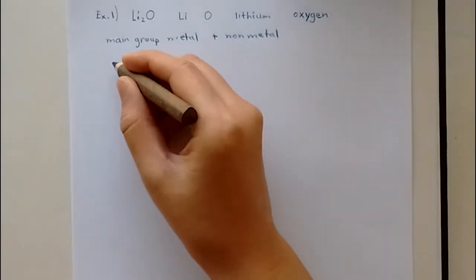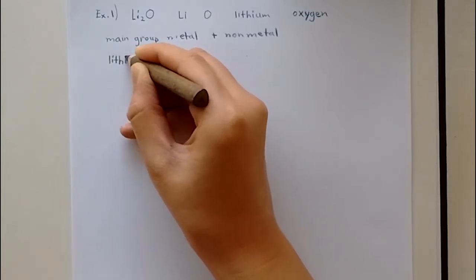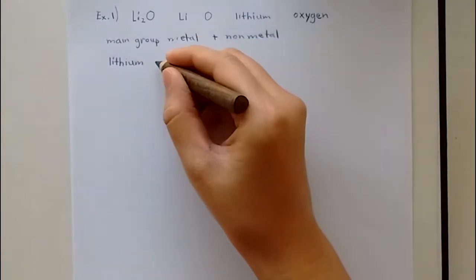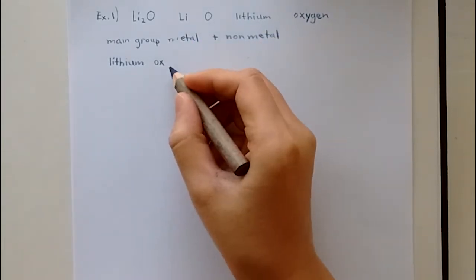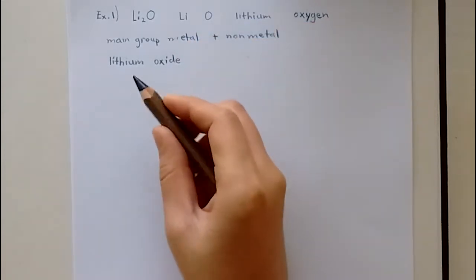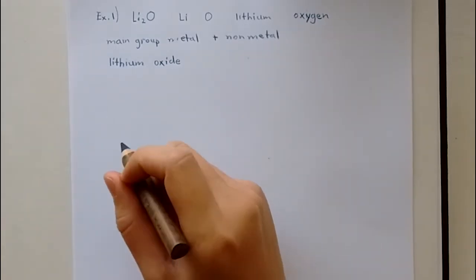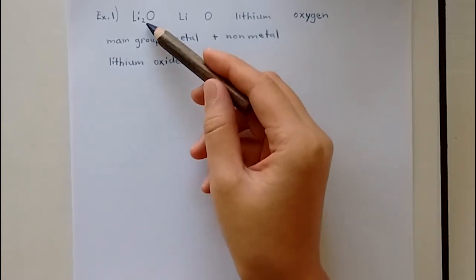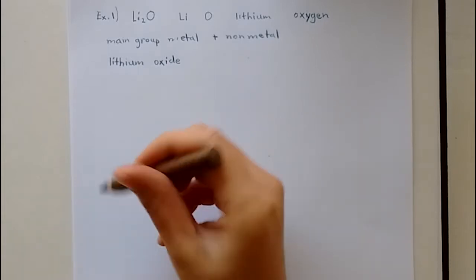So we have lithium, plus the base name of the second element, ox, and the ending "ide." So this compound's name is lithium oxide. And as you see, with ionic compounds, we do not have to put the subscript into writing.